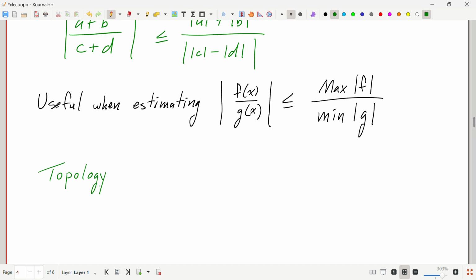And there's something called a basic open set in the real line. So the start of topology: an epsilon neighborhood of a point A, where epsilon is going to be a small positive number.